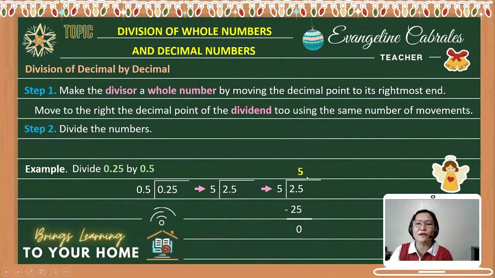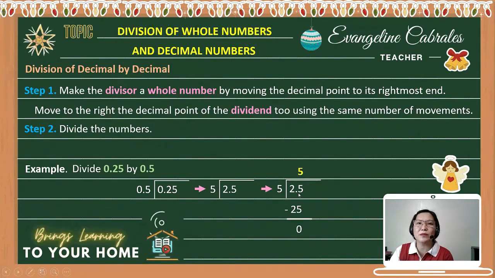Ngayon, ito na ba ang final quotient? Ito na bang 5? Hindi. Kasi nga may decimal point pa dito sa dividend. So, kung sa addition of decimals ay nag-a-align o pinagpapantay-pantay ninyo ang decimal point, ganoon din sa division of decimals.